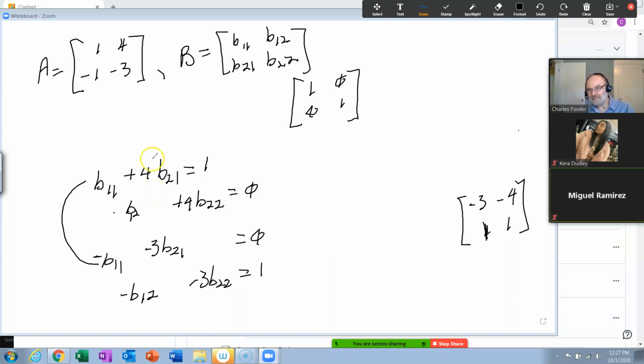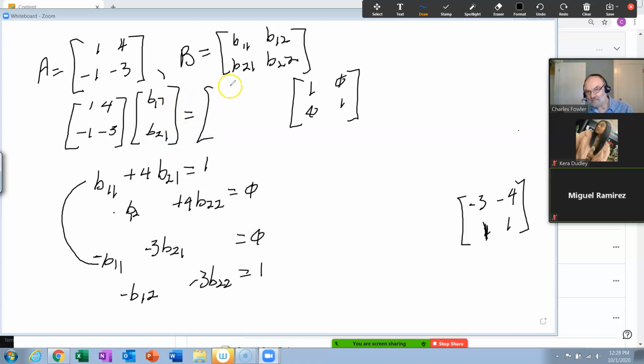Now what we've got here is, if you look at this carefully, you'll see you got this matrix A, 1, 4, -1, -3, times what I was calling B11, B21, and that was equal to 1, 0.